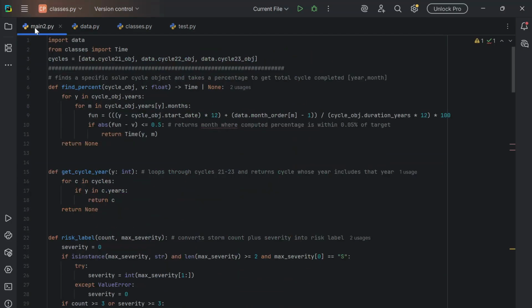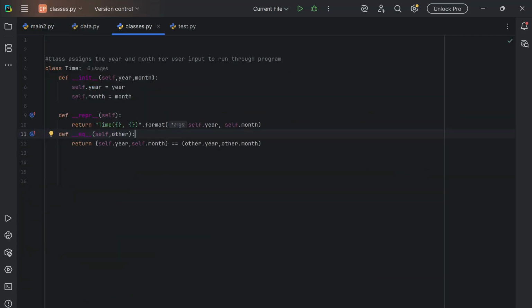Now, speaking on the main code, we start by importing data and classes. We'll start talking about the class as well. This is our class Time, and we do an init function for the year and month, a repr for the time, and the eq for that right there.